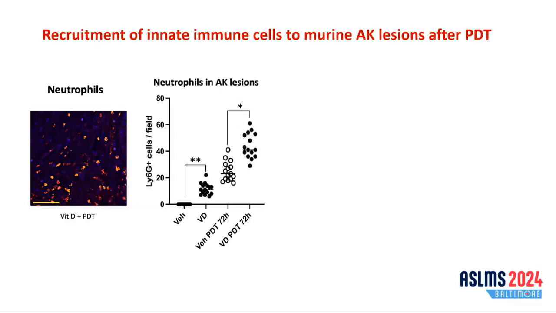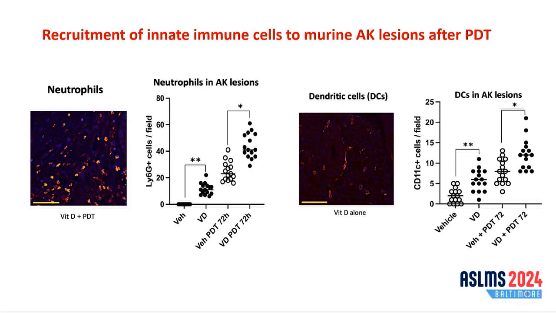And something actually important is happening. You see recruitment of neutrophils and also of dendritic cells, which are the innate immune cells in the system. The open circles are PDT alone, and the closed circles on this graph are in combination with vitamin D, and you see that augments the increase in the cells recruited into the tumor.